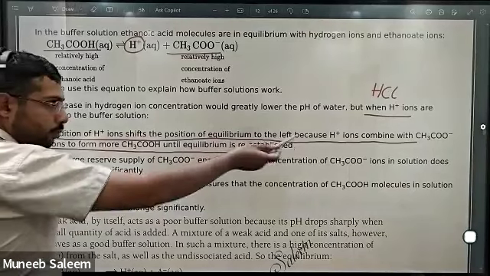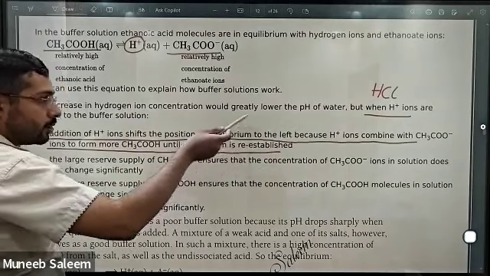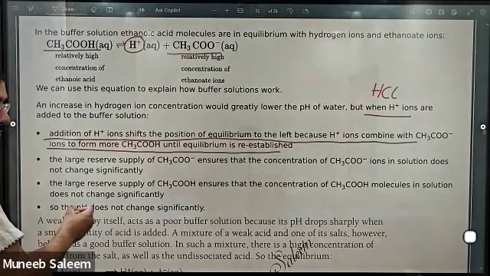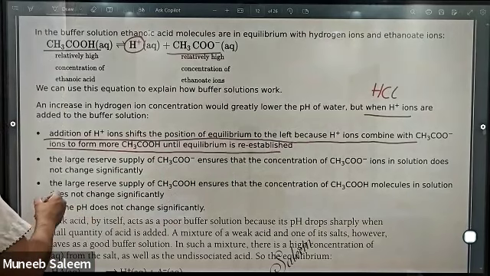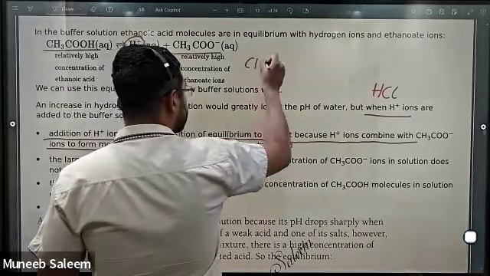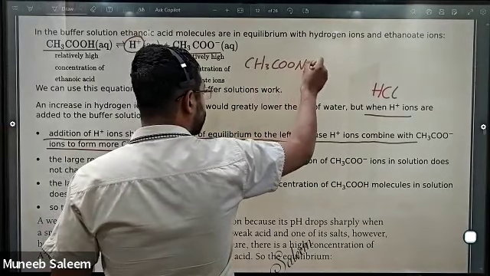And these ethanoate ions are coming mostly from the sodium ethanoate. I will write here CH3COONa.